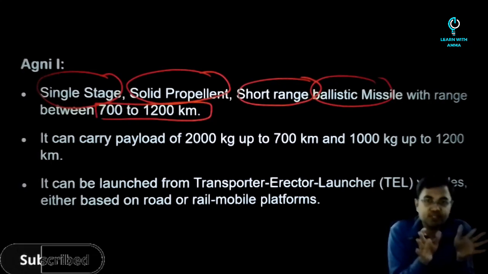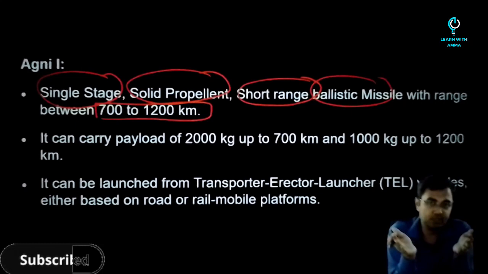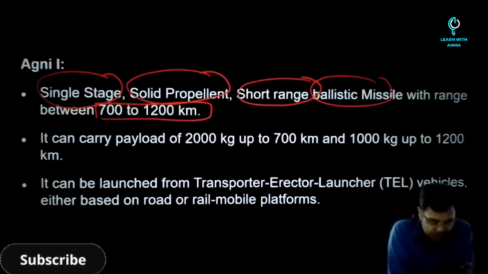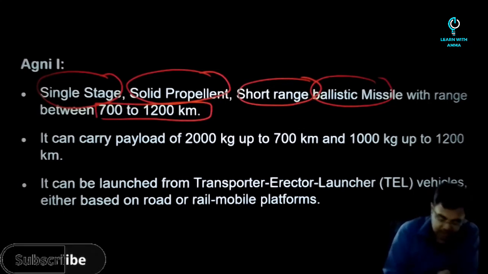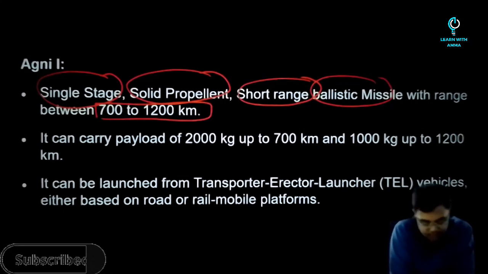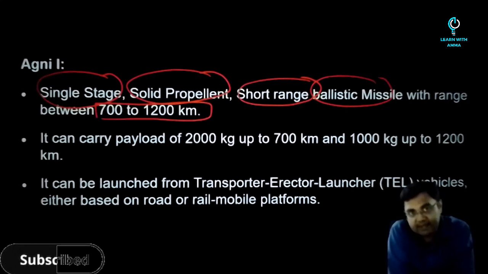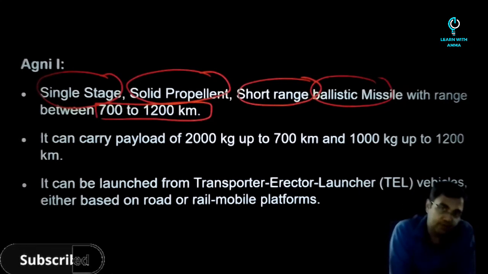We had a discussion on this: what is the meaning of stage and what are the different kinds of propellants that we use? So all these things become very, very important. And one more fact that I've given here is about the transporter erector launcher vehicle that will enable it to be launched from roads or to be launched from rails. So this is about Agni 1 missiles.